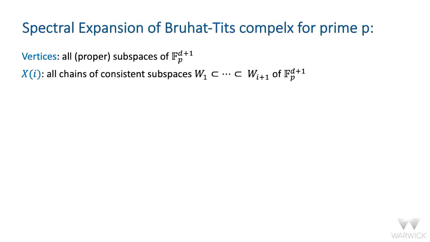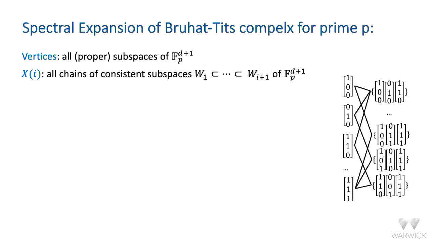Okay? So for example, here I have faces of dimension 2. They correspond to choosing, maybe I have P equal to 2 and D equal to, I think, 2 as well. But yes, this corresponds to choosing a subspace of dimension 1 together with a subspace of dimension 2, such that the subspace of dimension 1 is a subset of it.